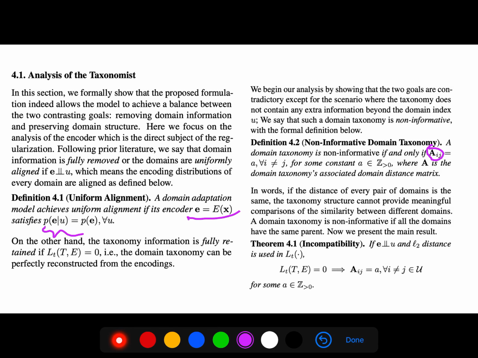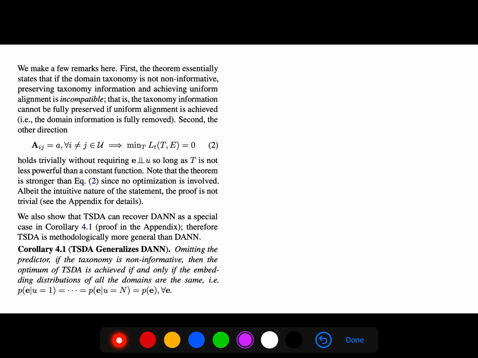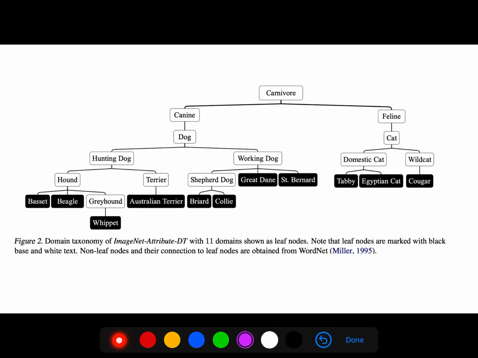And then we have a theorem, incompatibility. If E and U are orthogonal and L2 distance is used, and the loss between taxonomy and encoder is zero, then we can say that it is constant for some constant A. And so you see the domain taxonomy of ImageNet attribution.